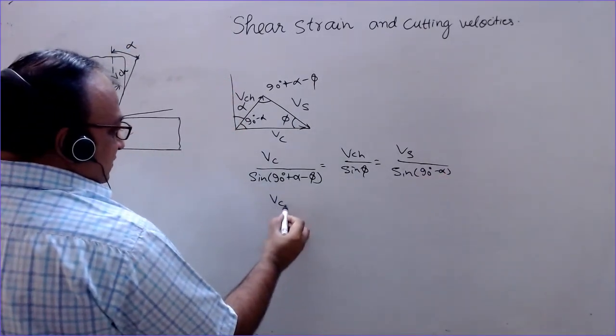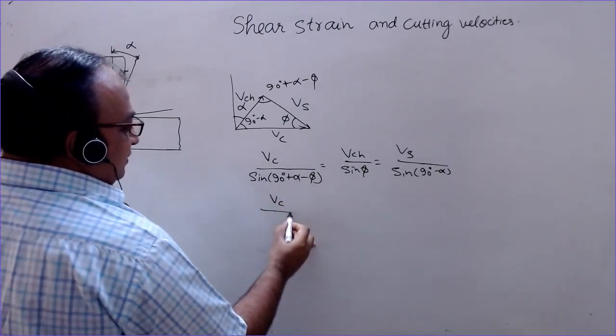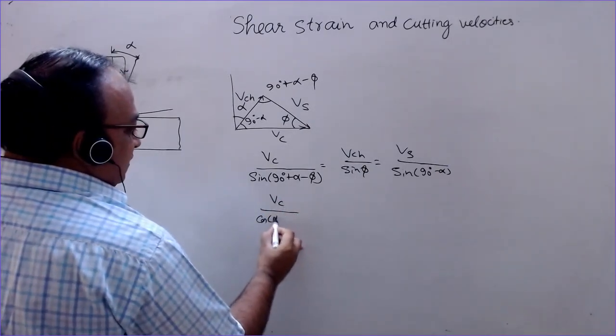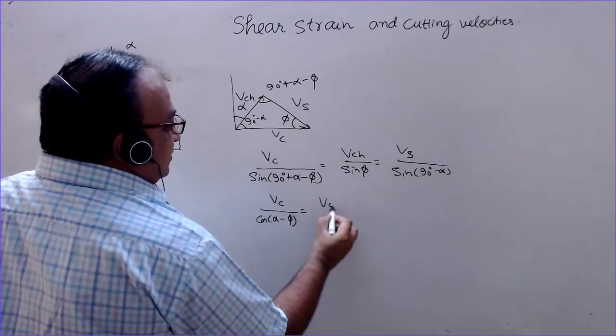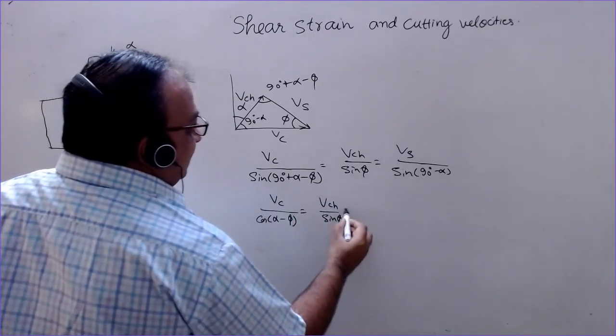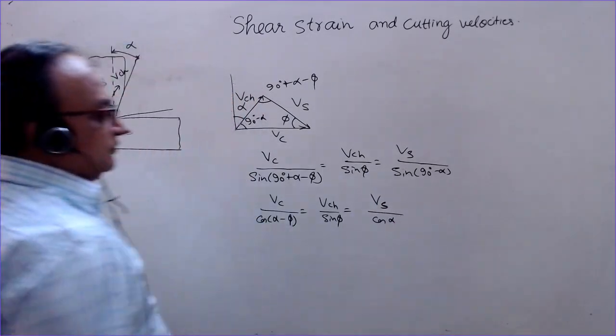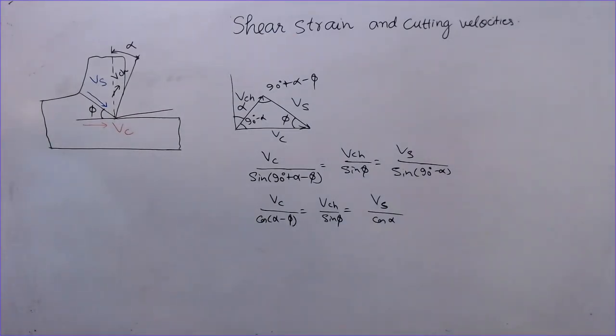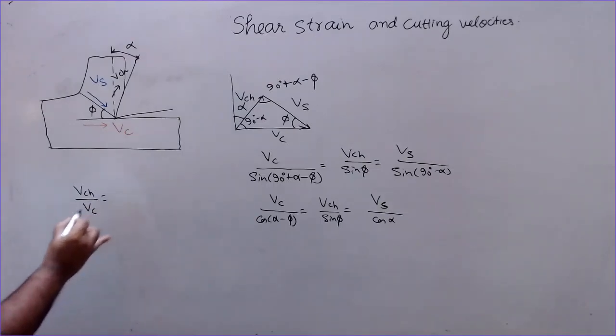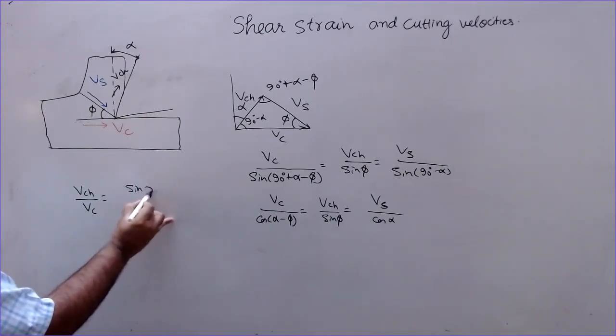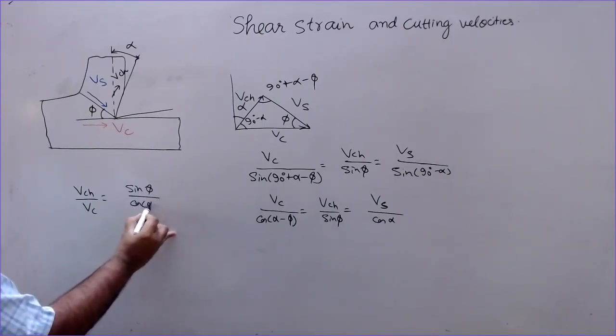So this is Vc over cos of alpha minus phi, V chip over sin phi, Vs over cos alpha. So the ratio of chip velocity to cutting velocity can be written as V chip over Vc equals sin phi divided by cos of alpha minus phi.